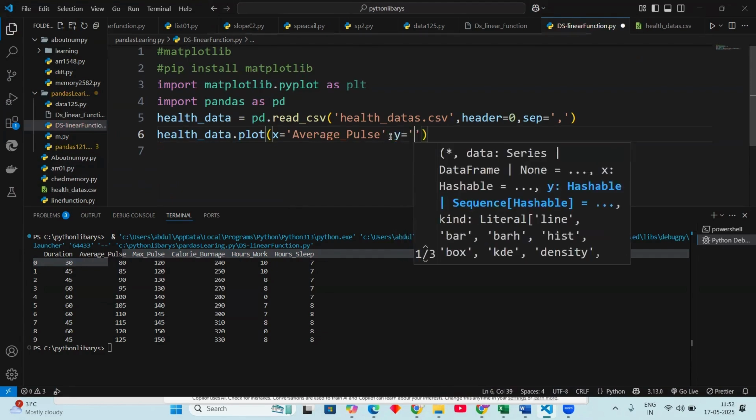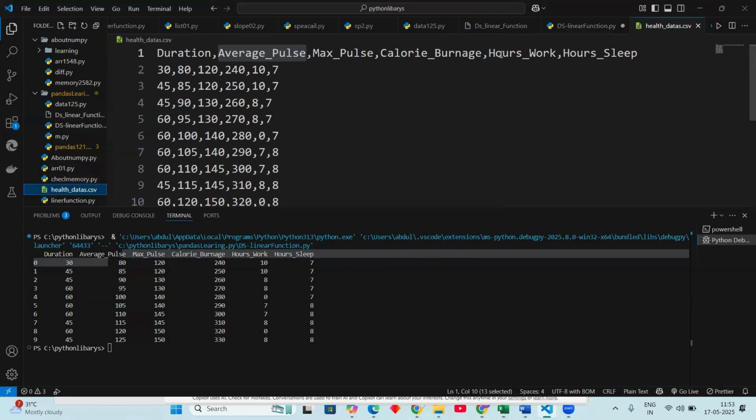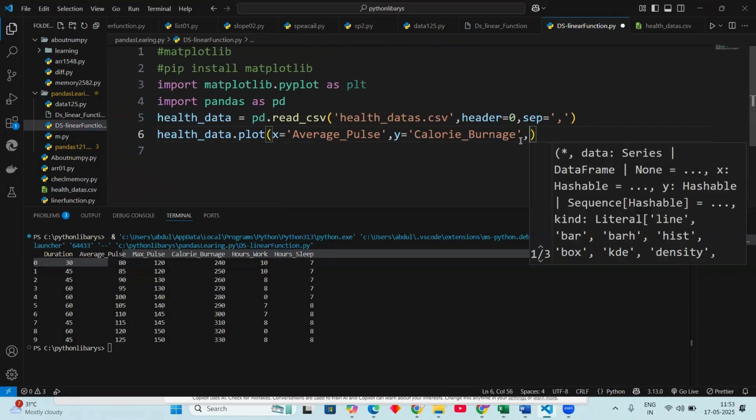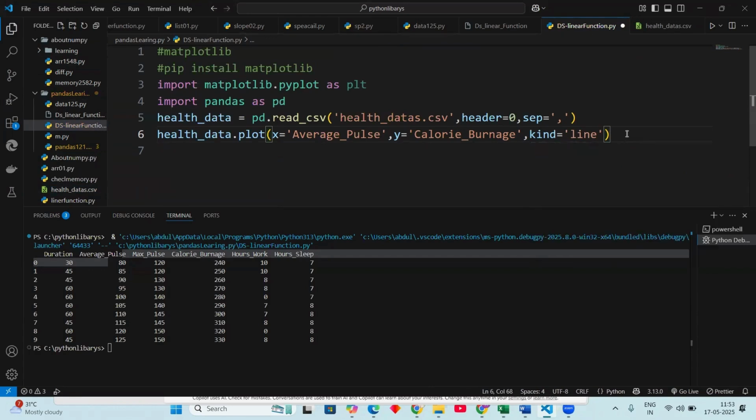Now y equals calories burnage, and I want the stride kind to be an integer function to measure what is linear, which is nothing but a straight line. Take a function as a line, right? Finish. Our graph train is ready.